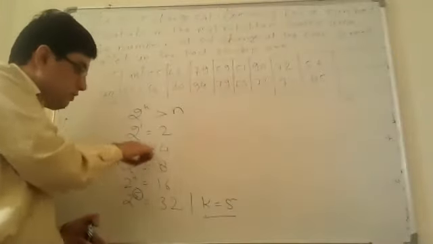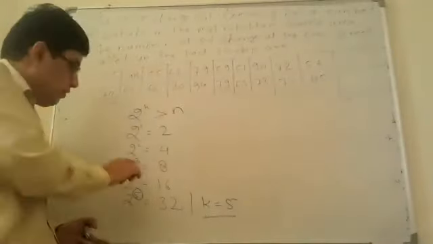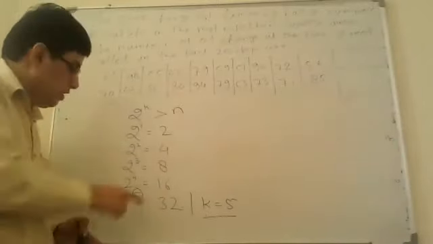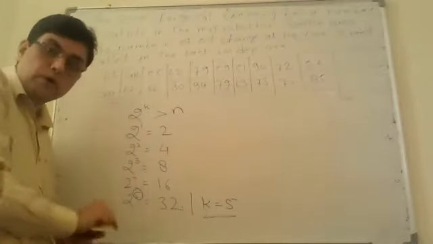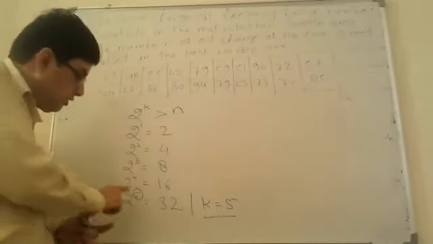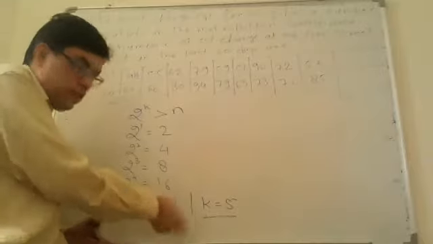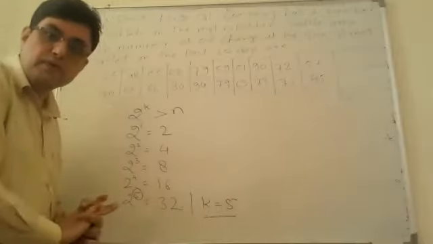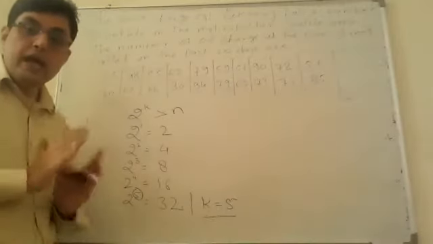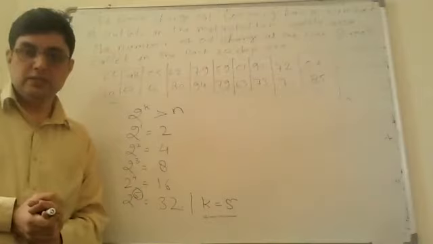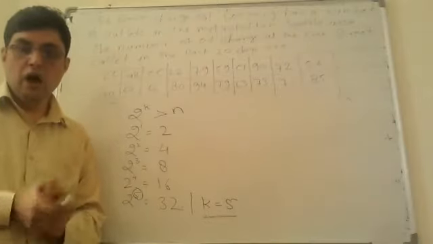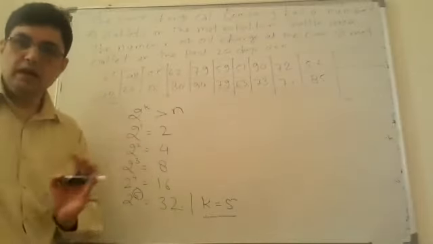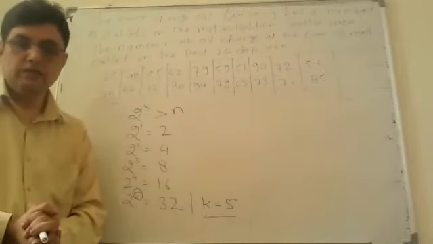If we take 2, it's 4, very much less than 20. 2 to the power 3 is 8, also less than 20. 2 to the power 4 is also less than 20. But 2 to the power 5 is just more than 20. So we have to choose k as 5. K is 5, it means there will be 5 different classes.